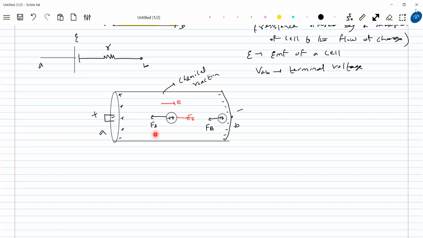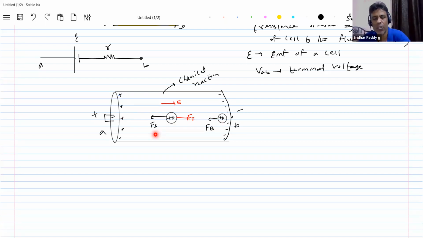Okay, got this? So here I will define a quantity called the EMF. What is the basic definition? The EMF of a cell, the electromotive force.